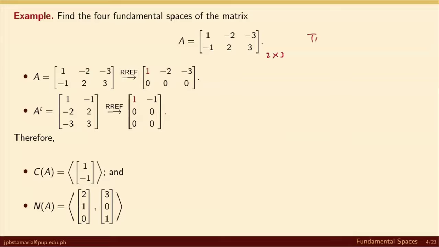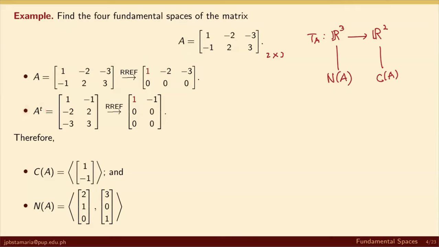As a transformation, it goes from R3 to R2. The column space of A is inside R2, while its null space, or the kernel, is inside R3.